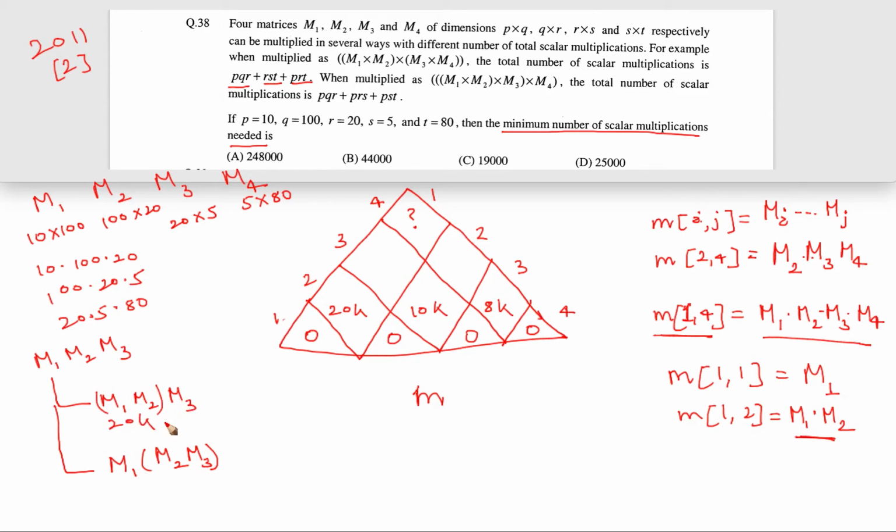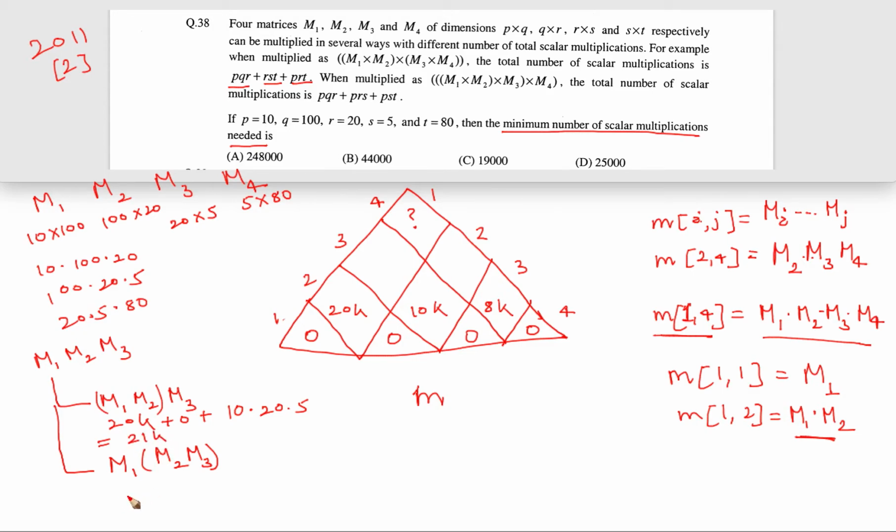And for M3, you don't have to do anything. This is not a product, it is simply a single matrix. To multiply these two, you get 10 into 20 into 5, because this one is 10 cross 20 and M3 is 20 cross 5. You calculate this and it comes out to 21,000.